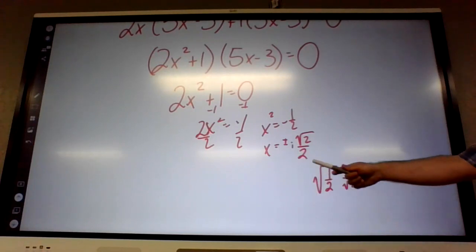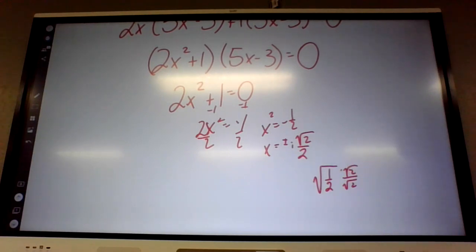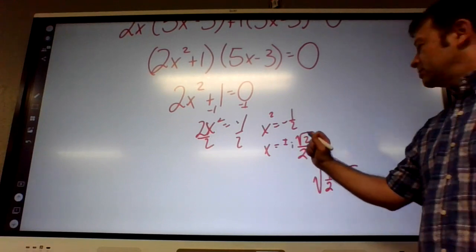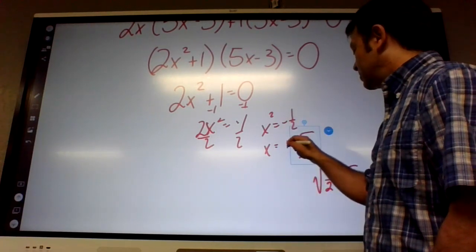If you plugged it in your calculator, I think it usually writes the i back here, but that's just because your calculator is kind of limited in where it can put the i. Normally it would be right there.